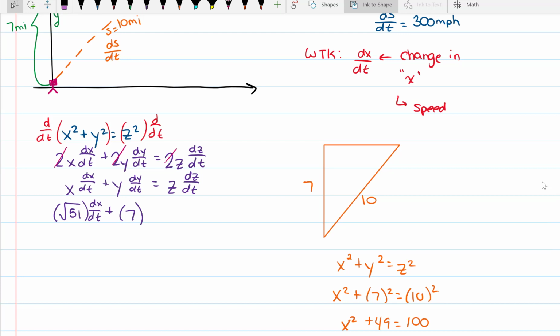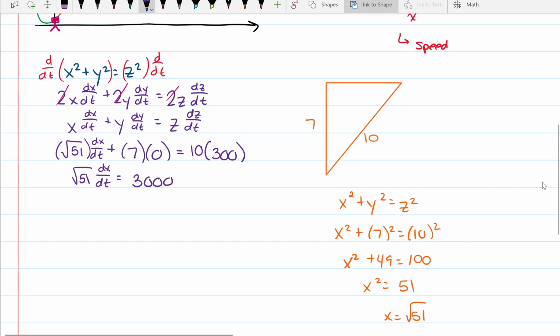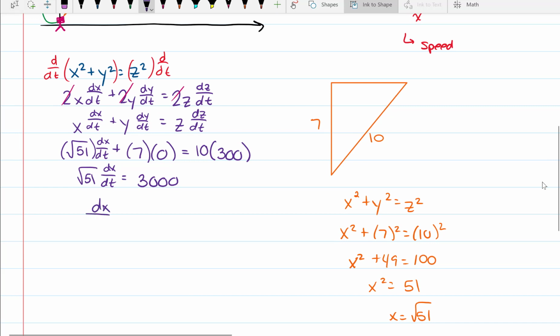And the answer is no, the height does not change, so this is going to be 0 equals z, which is 10, and the rate that that's changing is 300 miles per hour. So we get the square root of 51 dx dt is equal to 3000. And then we go ahead and divide by the square root of 51.